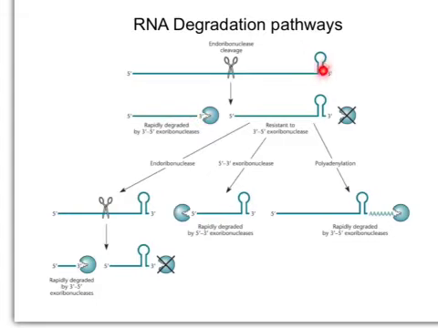A stem loop structure at the 3' end of an RNA molecule makes it resistant to the 3' to 5' exoribonucleases. It's protected by the secondary structure. So this molecule is still susceptible to further endoribonuclease activity and is still susceptible to a 5' to 3' exoribonuclease, shown here.